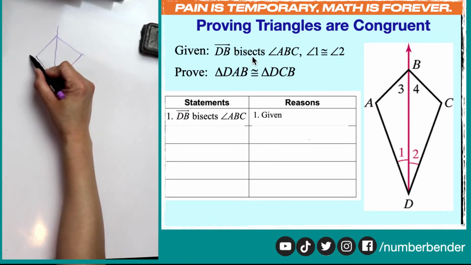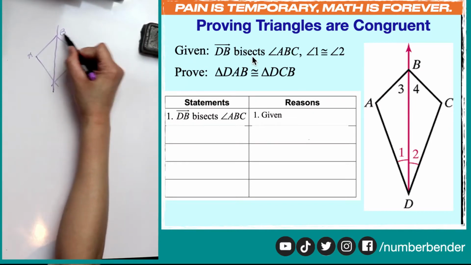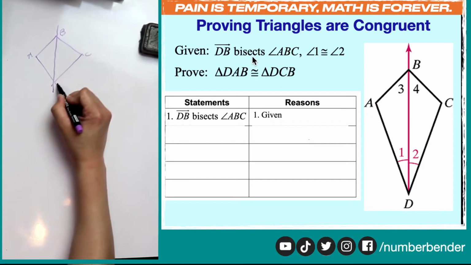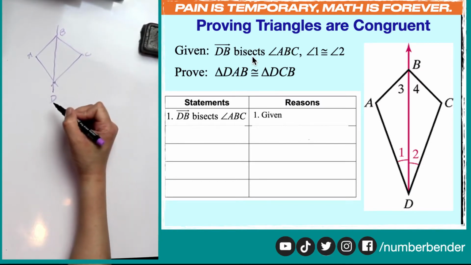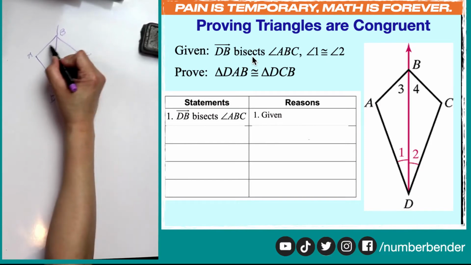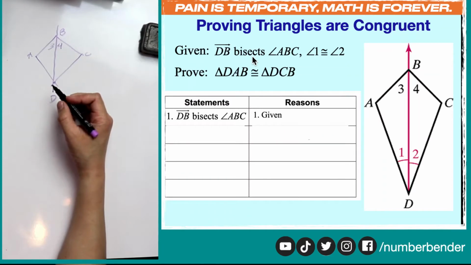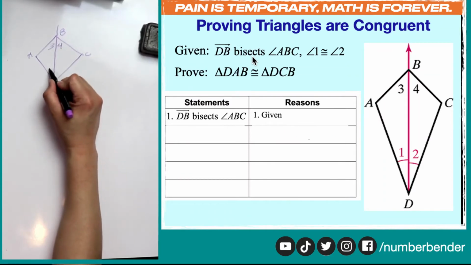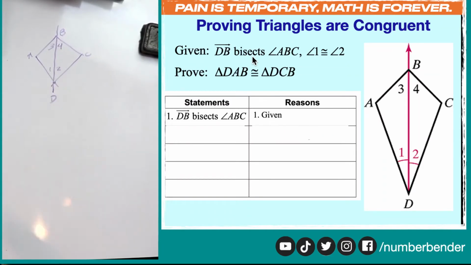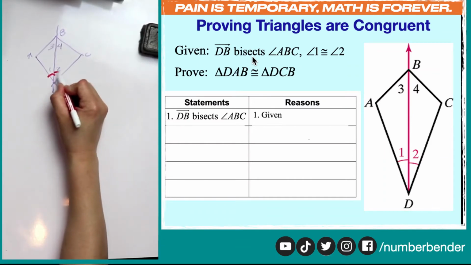We will name this point as A, B, and C, and this point right here is point D. And we know that 3 and 4 is also in the marking, and we also know that 1 and 2 are considered to be congruent because it is given.